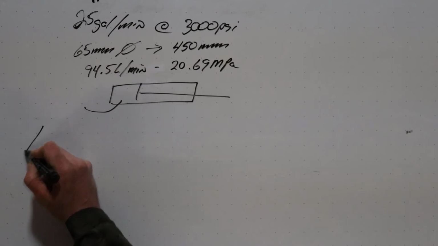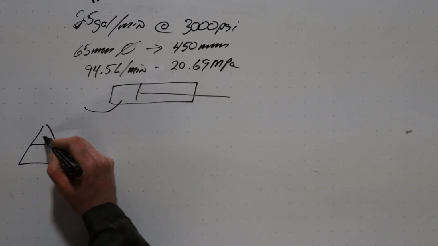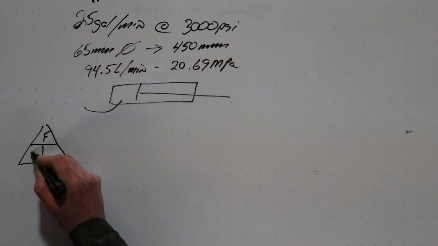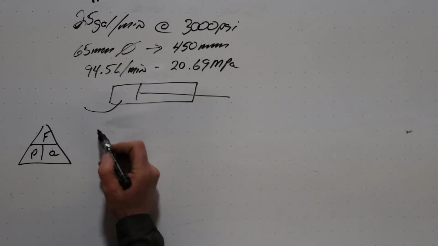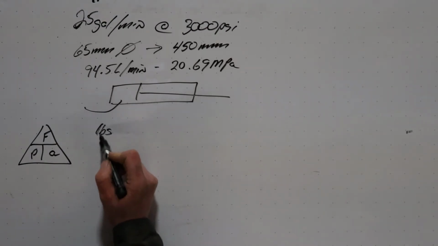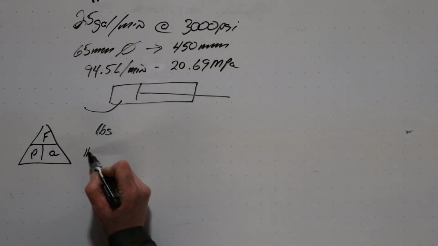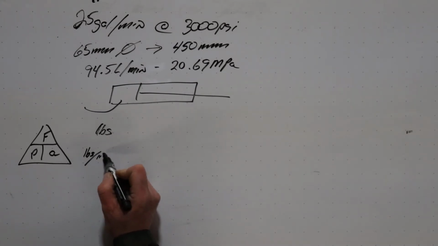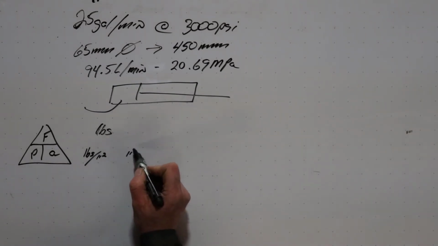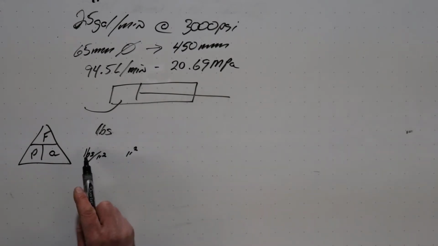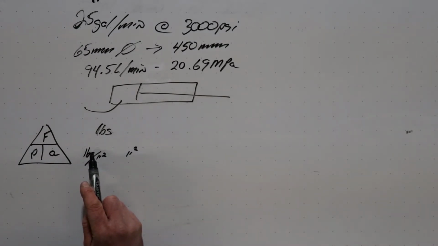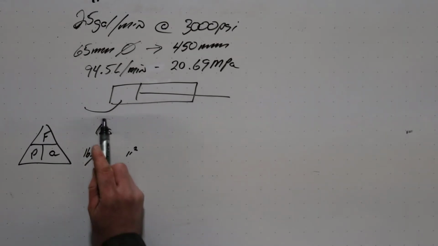Going back to our triangle: force, pressure, area. If we're talking imperial, force is pounds, pressure is pounds per inch squared, and area is inches squared. Just two basic units. They're saying mass and force use the same unit.